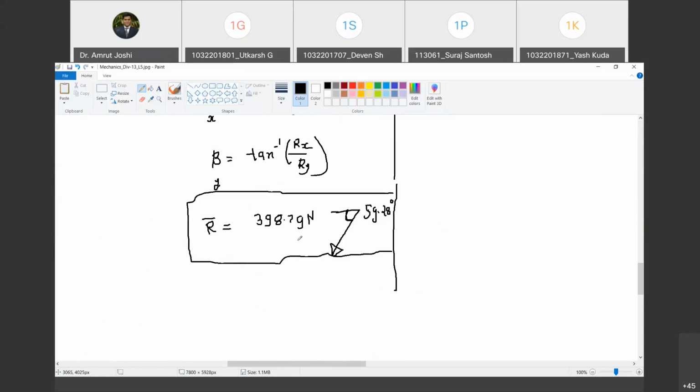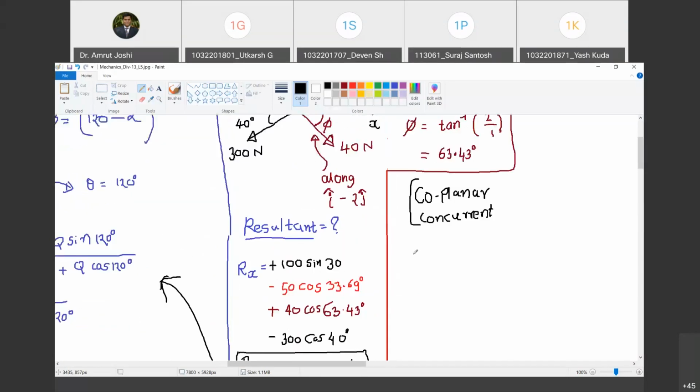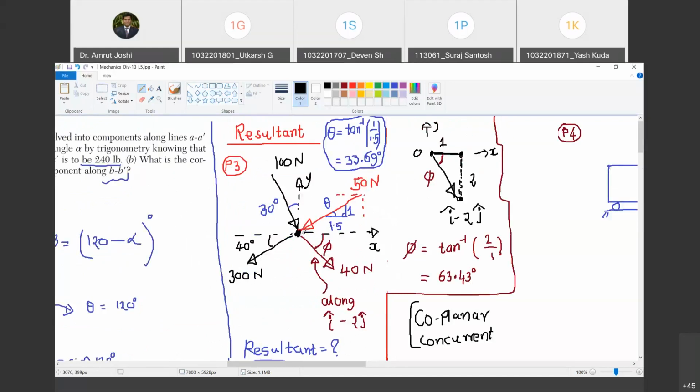That resultant needs to be applied at the point of intersection of lines of action of all the forces. Are you with me? So we made two observations on this problem. If you have a body subjected to a coplanar and concurrent force system, that body is going to have only a force resultant, and that force resultant must be applied at the point of intersection of lines of action of all the forces.